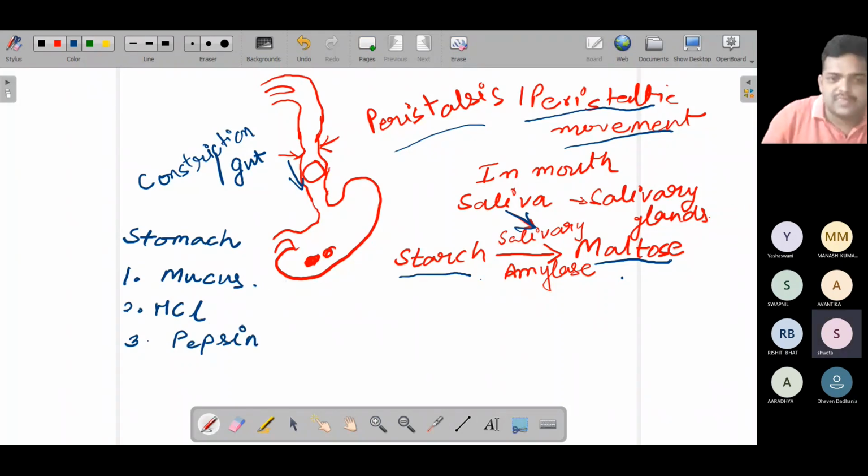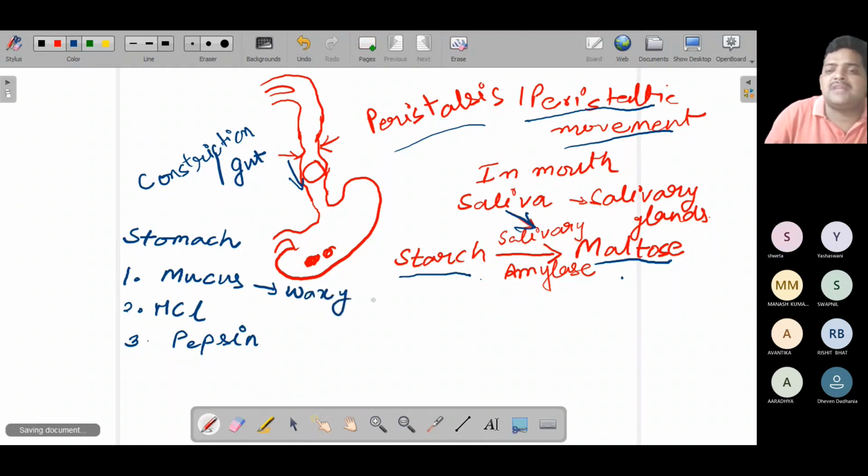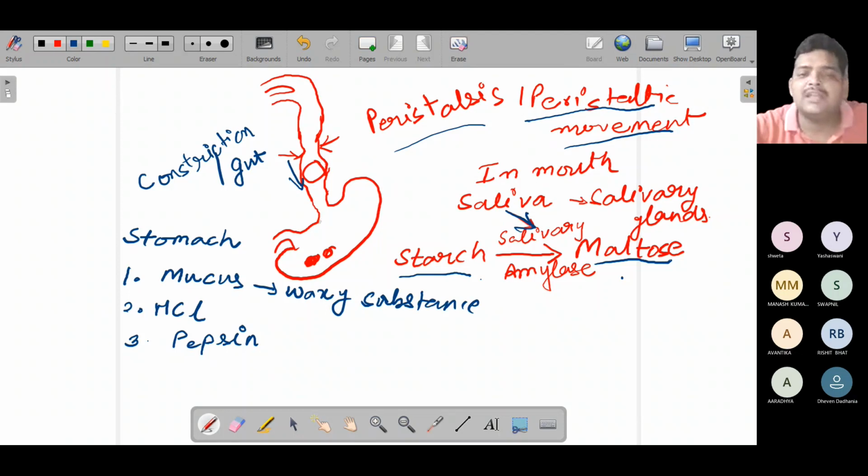Mucus is a waxy substance and it forms the inner lining of the stomach. Suppose this is your mucus; it forms the inner lining of your stomach.